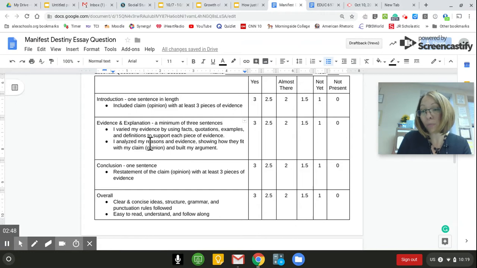Okay, I've said my reason. I've explained how it connected to my opinion. And I would do that then for the temperature, and also the fact that it's overcast. So you're stating your evidence, you're connecting it, you're analyzing your reasons and evidence to show how they fit with your claim. So you're connecting that information.